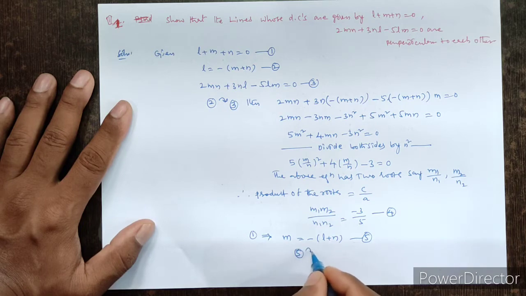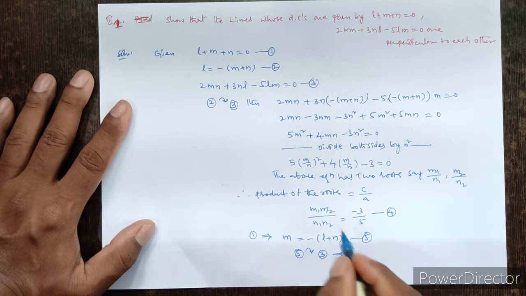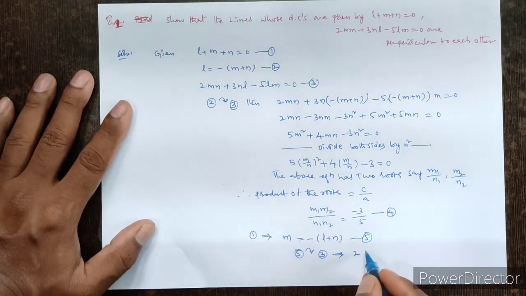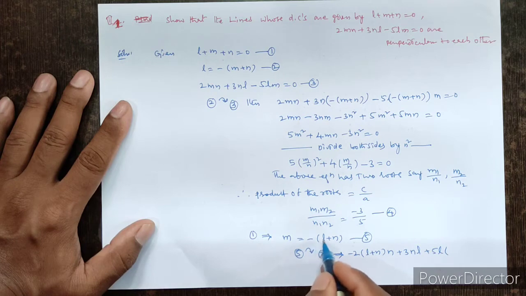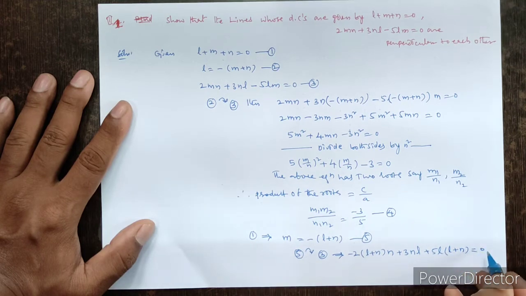Substituting 5 in 3, then 3 becomes, 2m is nothing but minus of (l plus n), so minus 2 of (l plus n) into n, plus 3nl, plus 5l, of course minus into minus plus 5l, l is l only, into m is nothing but minus of (l plus n), minus into minus plus, so (l plus n) equal to 0.